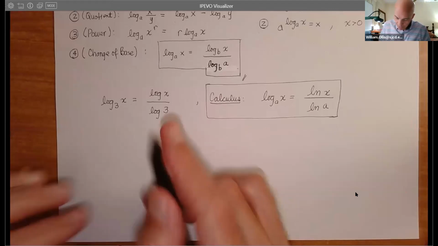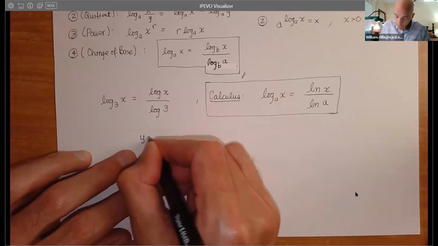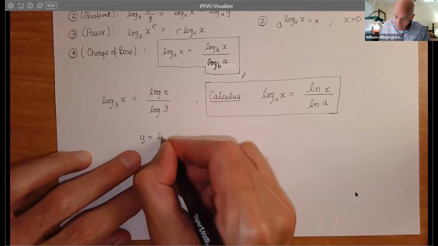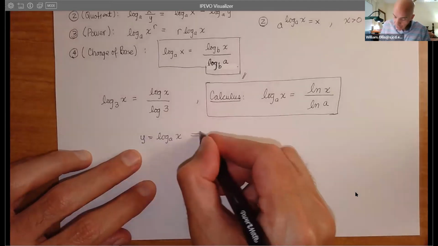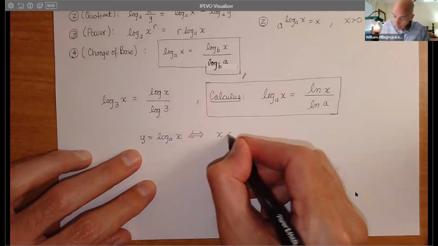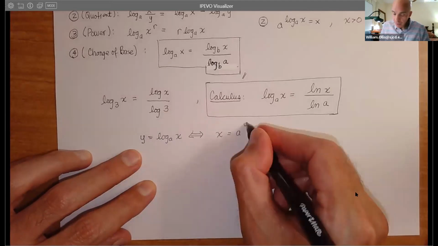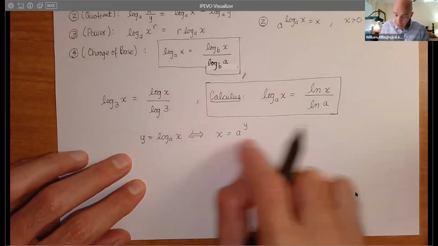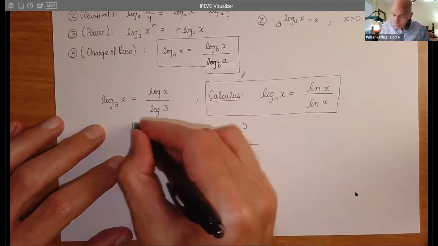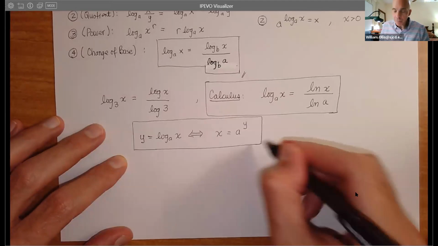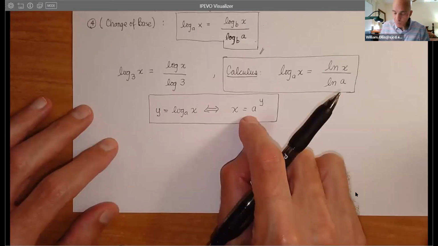So remember, y equals the base a logarithm of x if and only if x is actually a what? A to the y. Logarithm is a power of the base. And so this is kind of the recipe that defines the base a logarithm dependent upon the base a exponential.